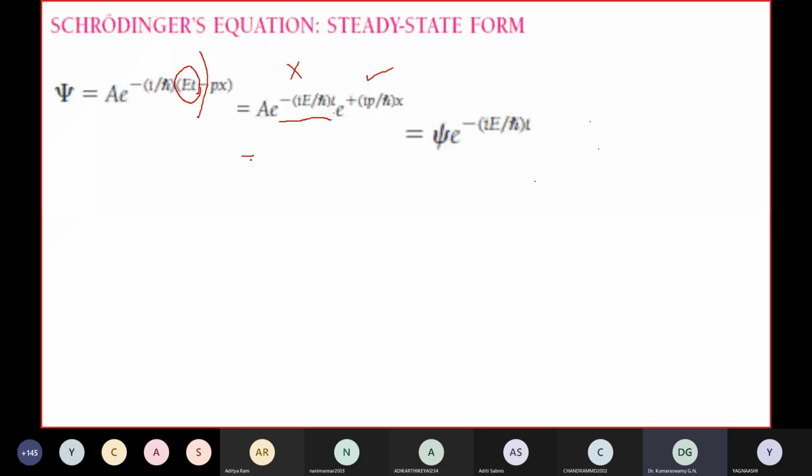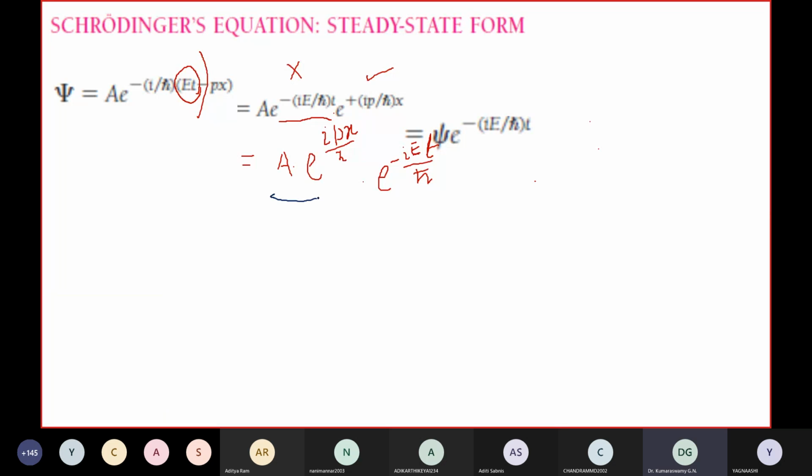Now we will rewrite this as a into e to the power of i p x by h cross, into e to the power of minus i E t by h cross.